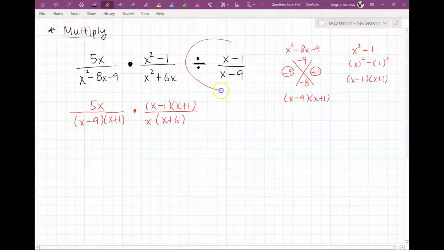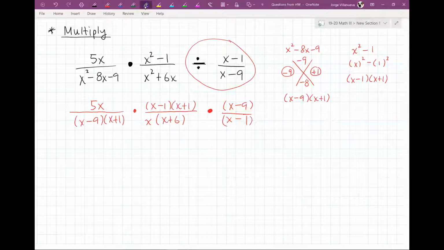So what I'm going to do is I'm going to flip this around. I'm going to put times and then x minus 9, x minus 1. Now, if you look carefully, there's a lot of things I can cancel. So let's do that. I can cancel this x minus 1 with this x minus 1.